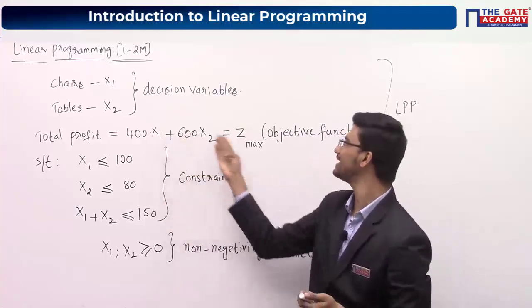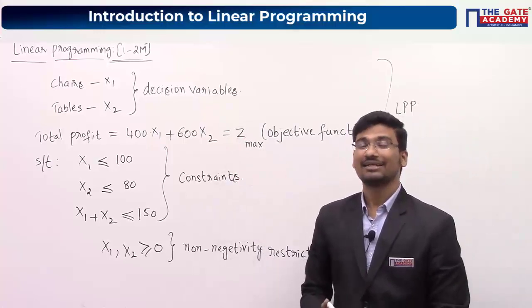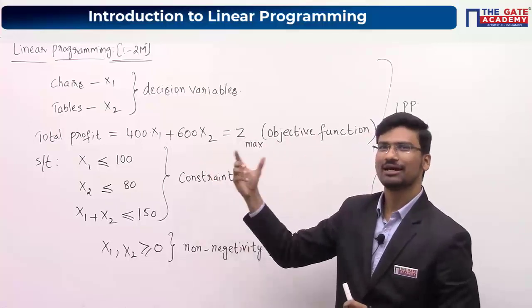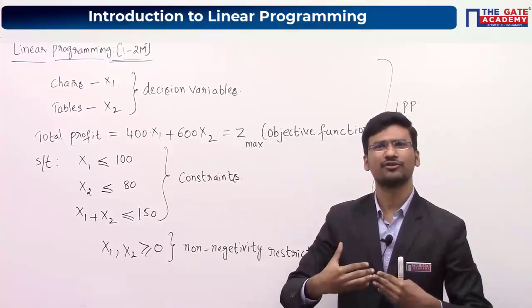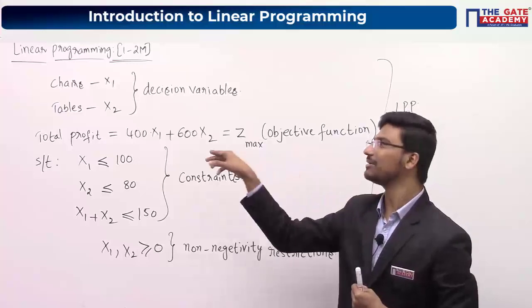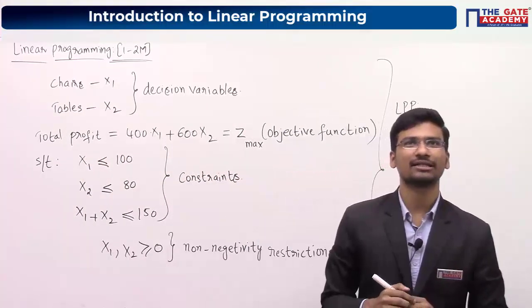Maximize, that is why it is a maximization function. Very simple. Let us say some production cost is given in the question instead of profits. As a manufacturer, you will try to reduce your production cost, yes or no? Then it becomes a minimization problem. Very good. Any other doubts regarding this?